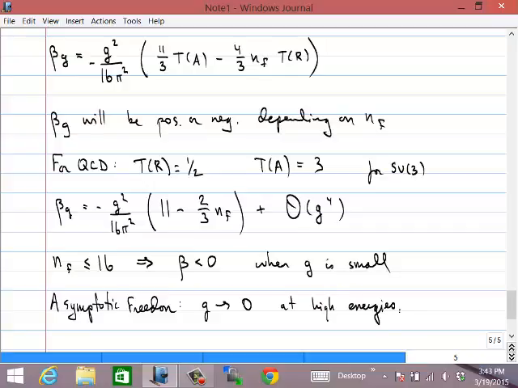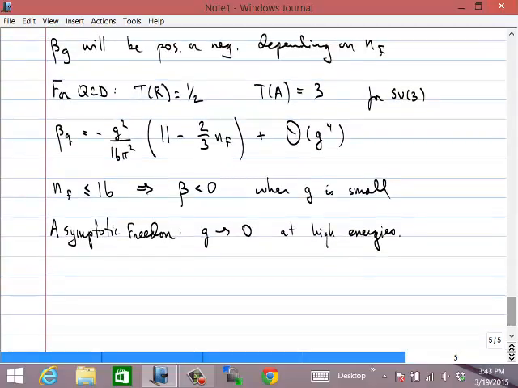We should contrast this to the behavior in electromagnetism. In electromagnetism, remember that because of screening, the effective electric charge of something with fixed bare charge got smaller at long distances, so it gets stronger at short distances, at high energies.